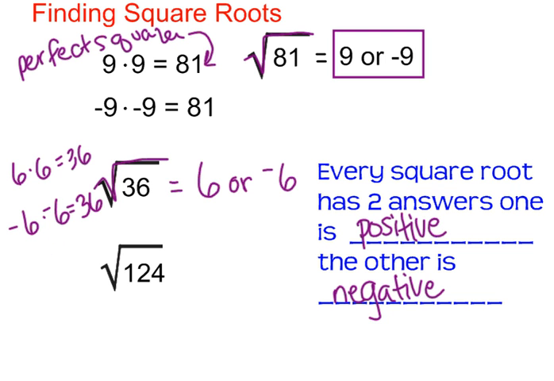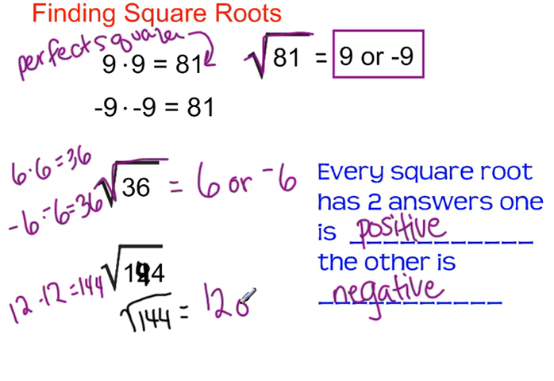This down here is a little bit of a typo. This is supposed to say 144. Excuse me. The square root of 144. What number times itself gives me 144? 12. 12 times 12 is 144.